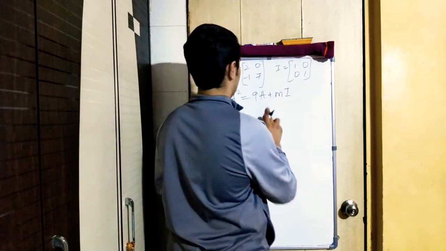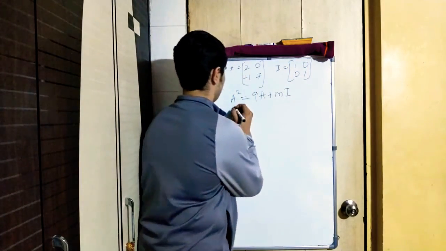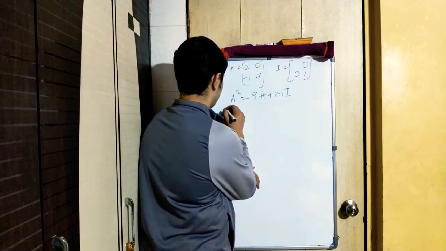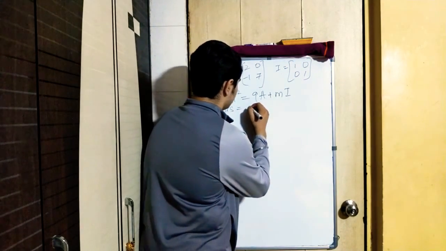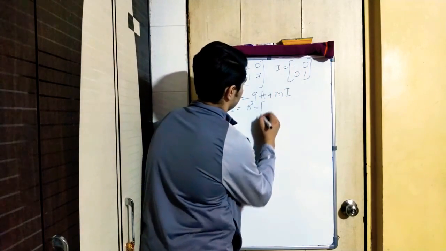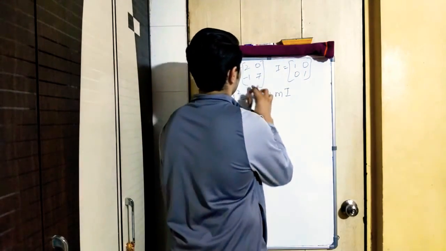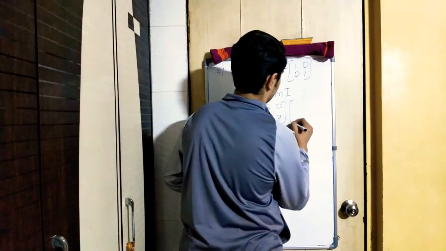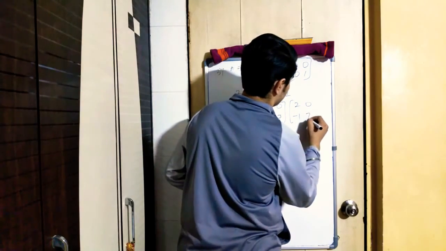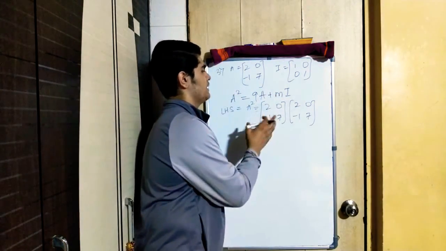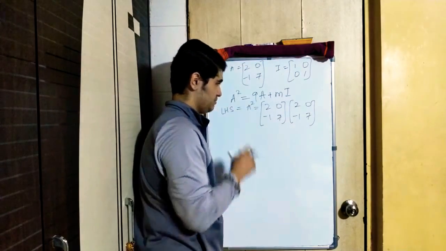So how to find M? Let's see. A square. First we solve the left hand side. A square is equals to 2 0 minus 1 7 into 2 0 minus 1 7. You can even directly take LHS and RHS, solve it and just equate both things.